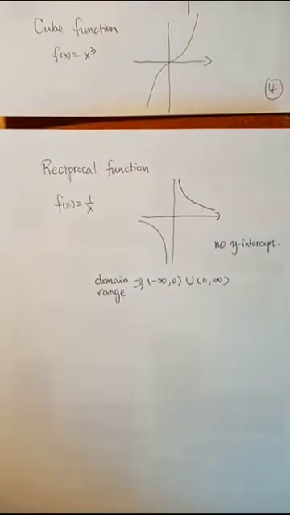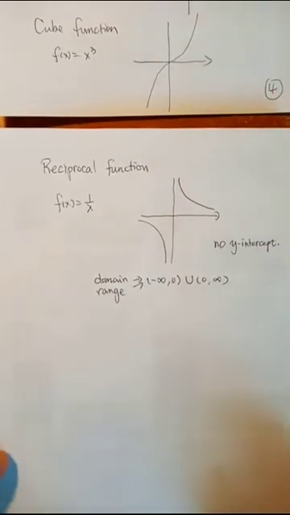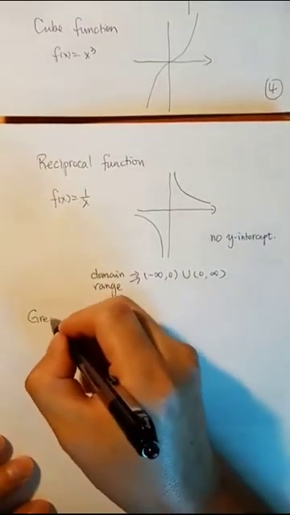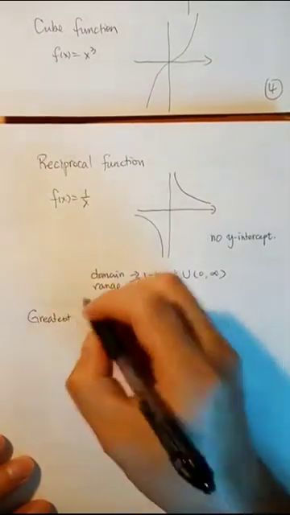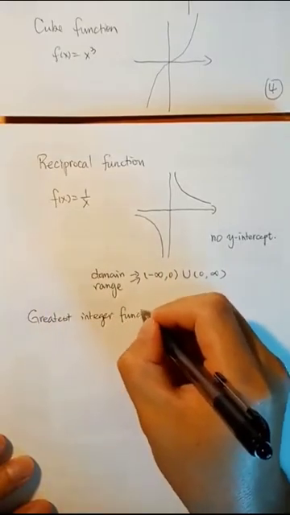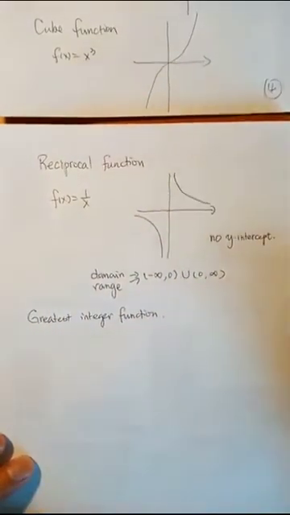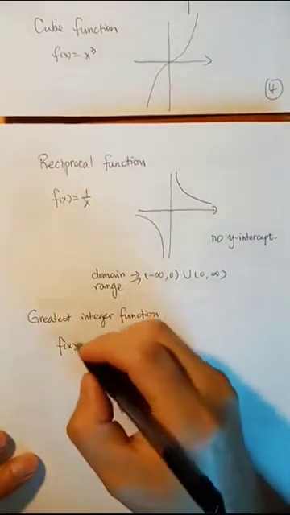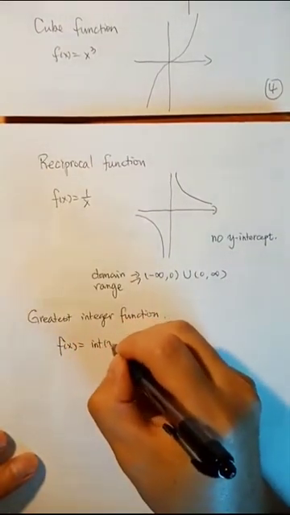And also we have the absolute value function. And the next interesting function is called the greatest integer function. We call f(x) the integer of x.